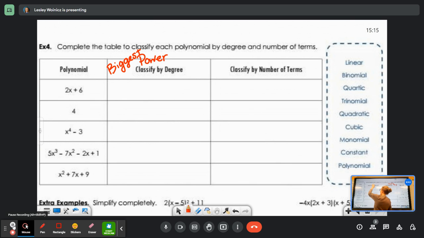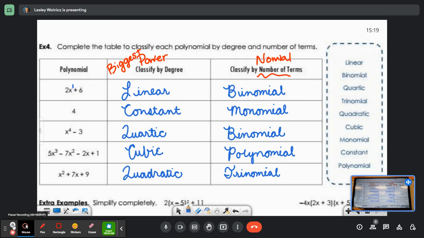Okay, and then all of the ones for number of terms have nomial in them. So go ahead and do that, and then we'll check them together really quick. Do we have any questions about this? Is this what you guys got? Okay, check it real quick.